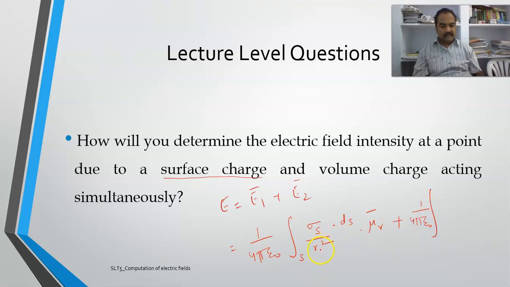Let us suppose this is R1 because of the first one. For the second one, it will be over the entire volume, and you are supposed to integrate it, assuming that these are functions of R, into UR. This is the simultaneous application of two charges. One is a surface charge, the other one is a volume charge.